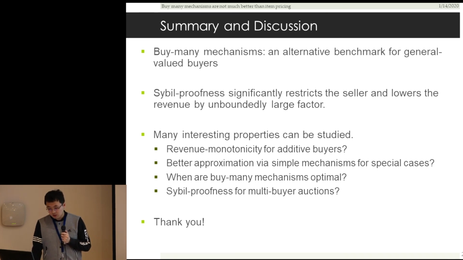There are some results for false-name-proofness, for example, for the VCG mechanisms. But the results are kind of hard to analyze. And we want to ask whether there is a simpler way to extend this definition for false-name-proofness.